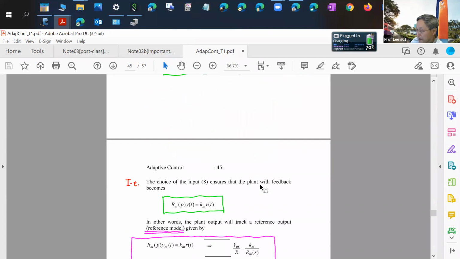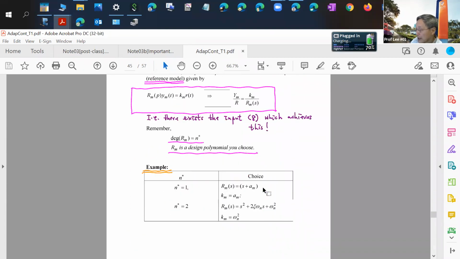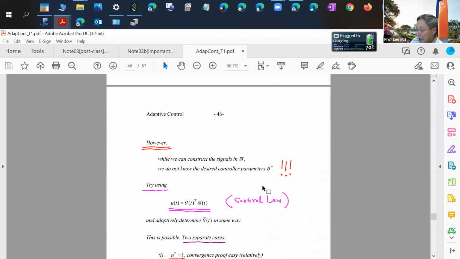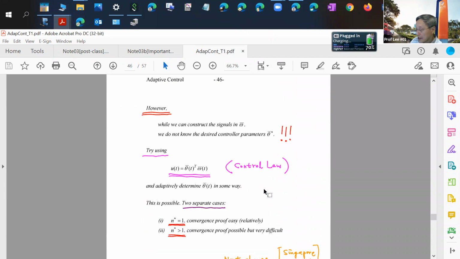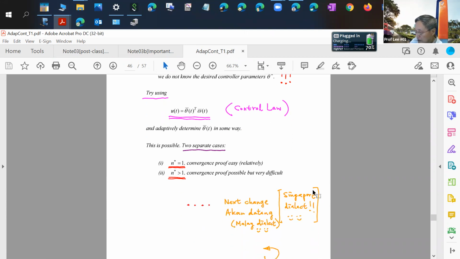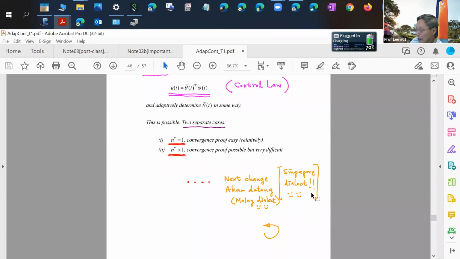Then you see the perfect control law, rearrange, and it comes out like this. We are going to look at how to set up the adaptive controller. It does turn out to be in two separate ways, depending on the relative degree. Let me move past this part first; I'll come back to this.